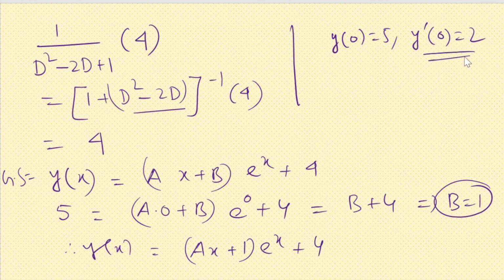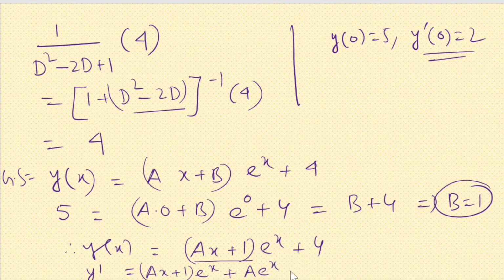Now we apply the condition y'(0) = 2. So y' is equal to, we first differentiate e^x, plus we differentiate the function (ax + 1), which gives a e^x plus 0.